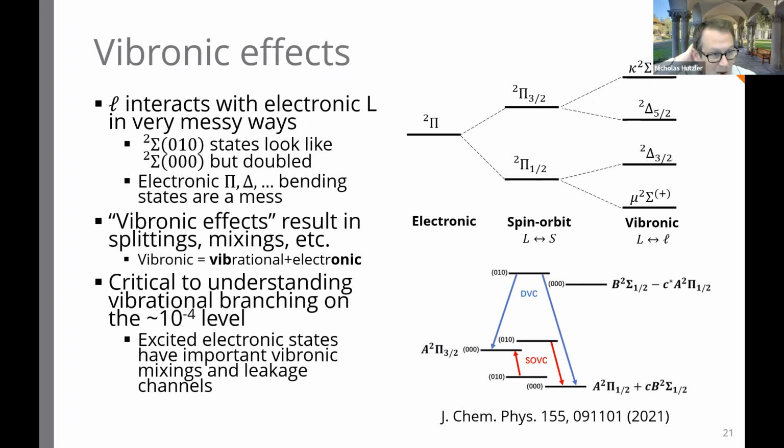These effects are very small in an absolute sense, about 10⁻⁴, but you need that level of understanding. And this is theory work that has been refined over the last few years, largely motivated by laser cooling polyatomic molecules.